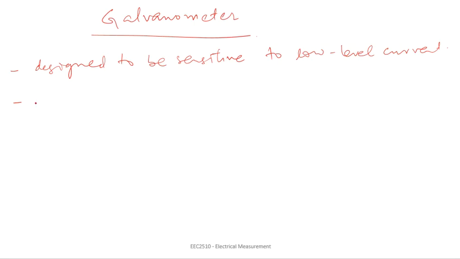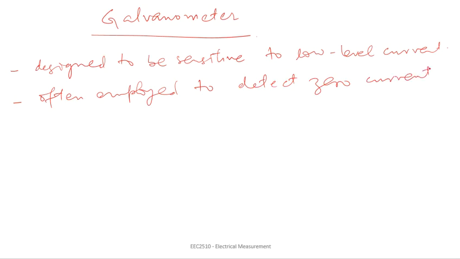So they are often employed to detect zero current or voltage in a circuit. That means they can also work as a null detector or a null meter, you can also call it.